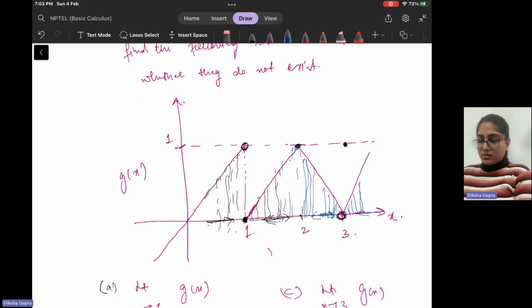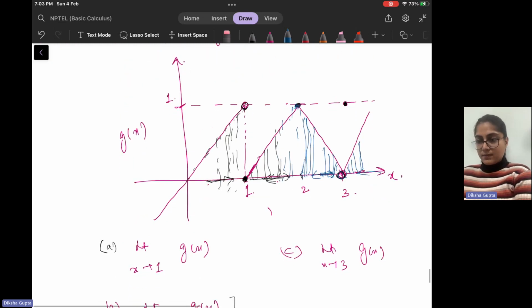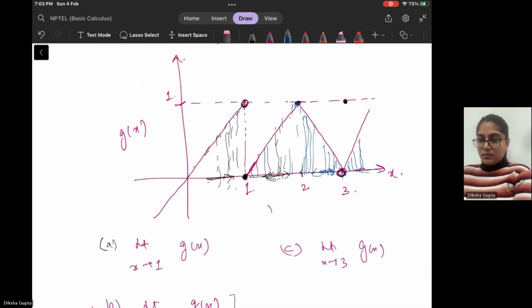It is not a point like 2 where the function is approaching 1 and the value of the function at 2 is also 1, but the limit exists at 3. That is certain, right? So this was a good example to understand the concepts of a limit through a graph.